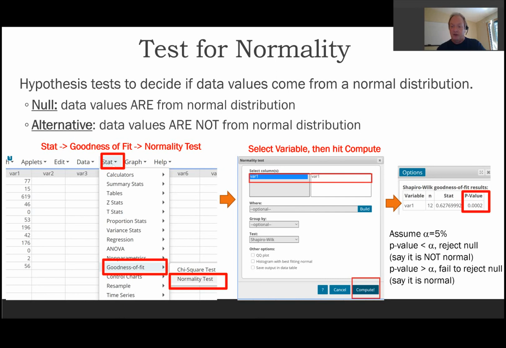If the p-value is greater than alpha, we fail to reject the null. In other words, we stick with our original belief that it is from a normal distribution. In this case, you can clearly see the p-value is way below 0.05, which is 5%, which is consistent with our original decision that it doesn't appear to come from a normal distribution.